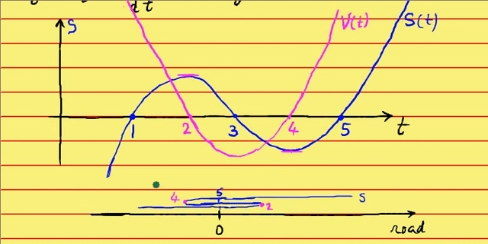So acceleration is going to start negative, and at some point it's going to turn to 0. Here accidentally it's just at the same point 3, and turned out to be positive afterwards. So the acceleration could look something like this. So this is acceleration as a function of time.